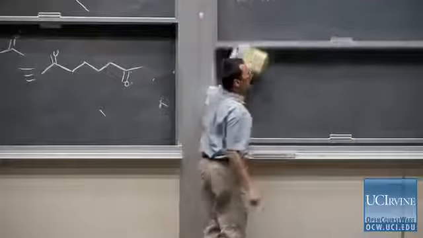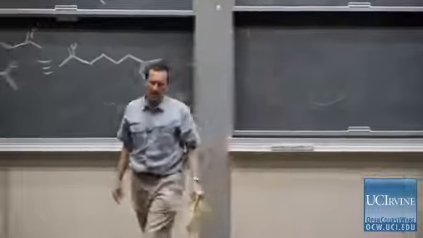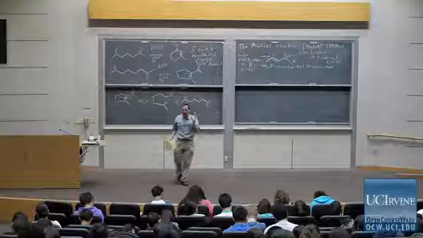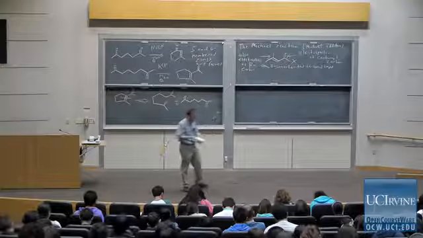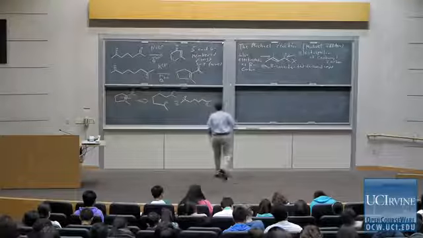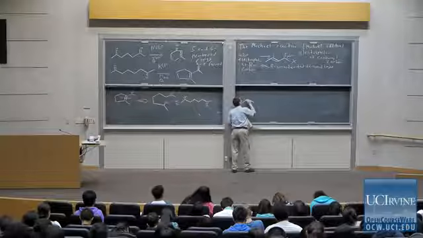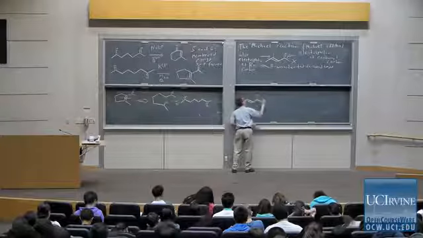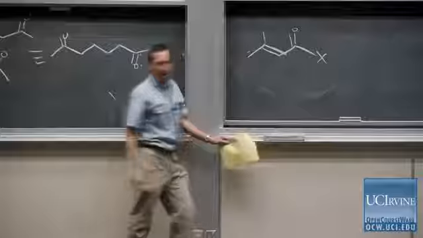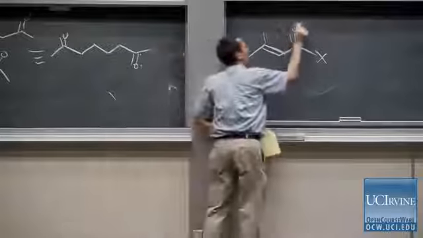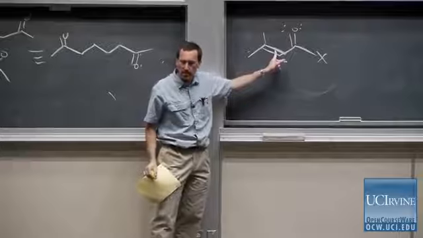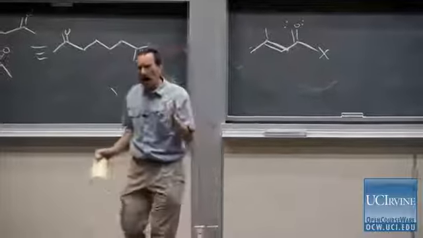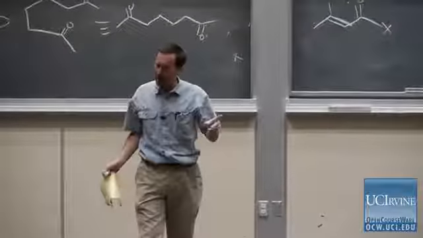Now, when we talked about cuprate chemistry, we said we can think about the reactivity in terms of resonance, as we did when we talked about carbonyl chemistry. So in general, you have some carbonyl compound, and we recognize that this is the most important resonance structure. But we also know that oxygen is more electronegative than carbon.